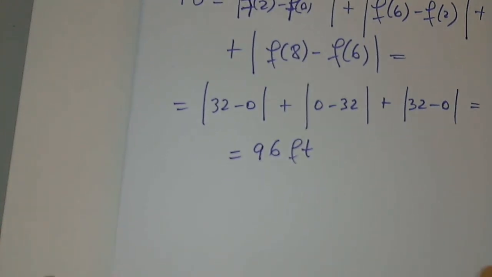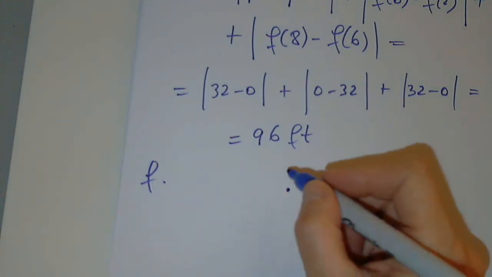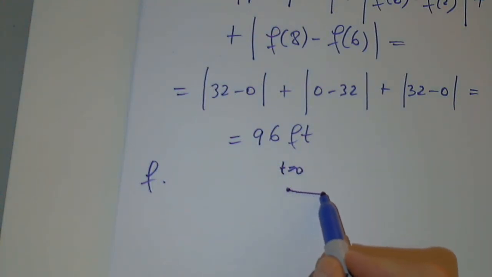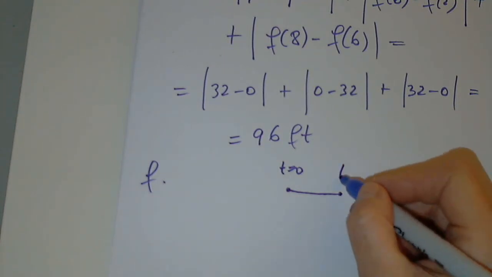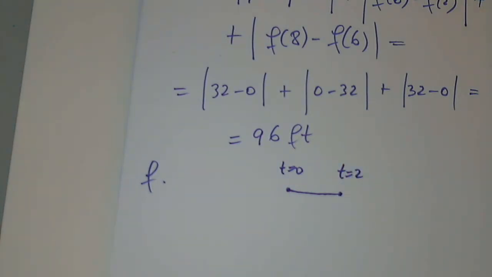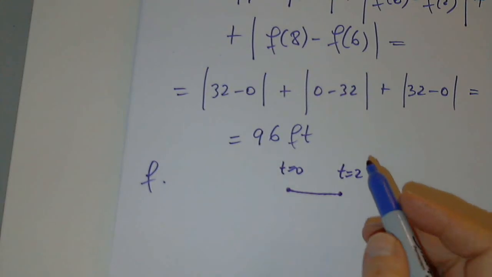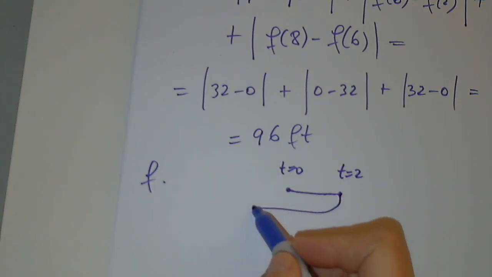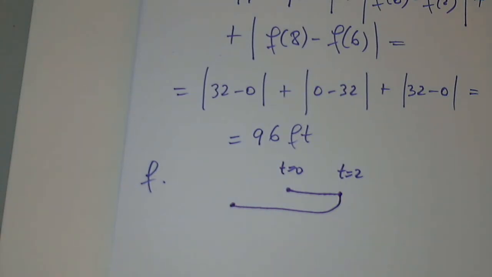I already showed it with my hands. Here it is. At time t equals 0, the particle moves in the positive direction for 2 seconds. Then for 4 seconds, goes this way. And this is time t equals 6.